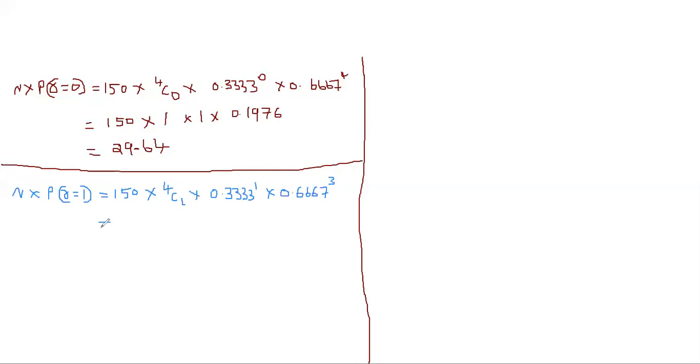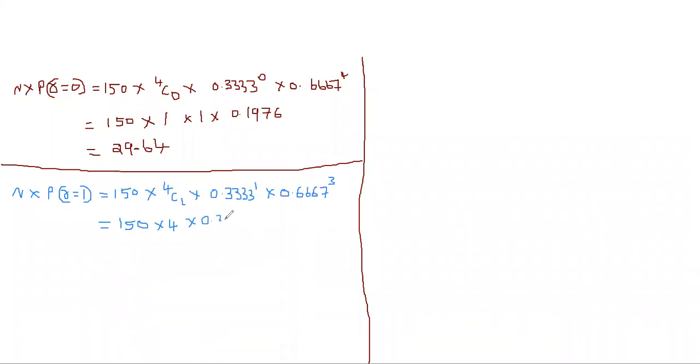Is equal to 150 into 4C1. If r value is 1 and n value is 4, then nC1 answer will always be the n value. So n value here is 4. So directly we can write 4, into any value raised to the power of 1, you will get the same value.